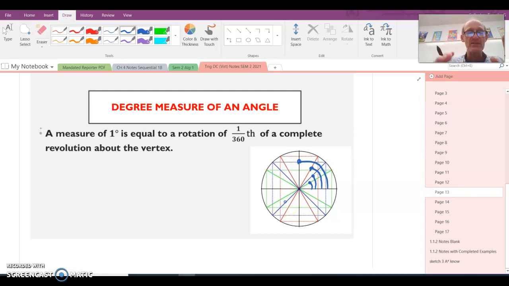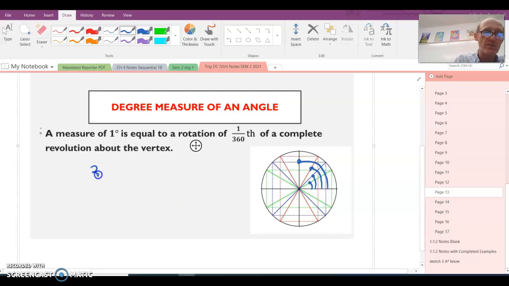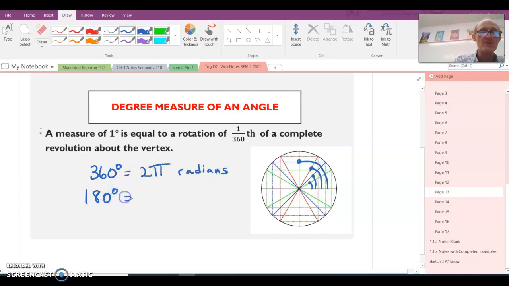So the big idea is that 1 degree is 1/360th of a circle. There are 360 degrees, and we know that 360 degrees is equal to 2 pi radians, and 180 degrees is equal to pi radians.